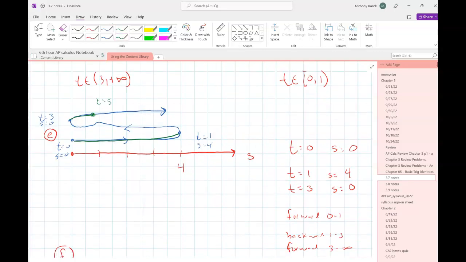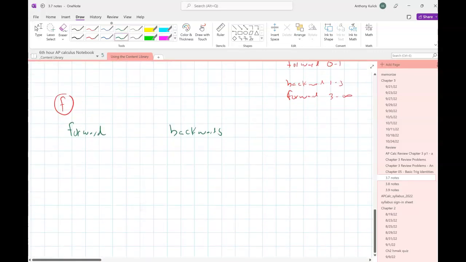Everybody's good with that? Okay. So I'm going to take s of 1 minus s of 0. Well, I already know s of 1 is 4 and s of 0 is 0, so that's 4.